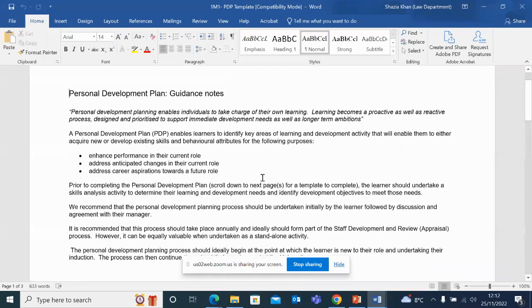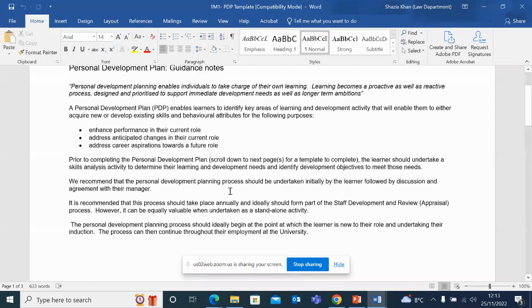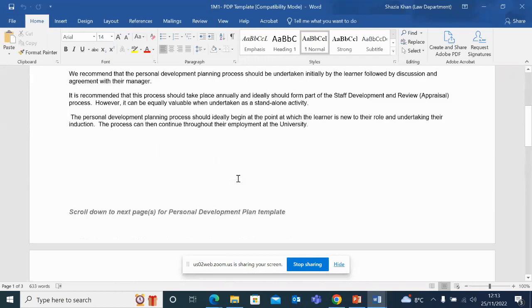A personal development plan enables learners, which is you, to identify key areas of learning and development activity that will enable them to either acquire new or develop existing skills and behavioral attributes for the following reasons: to enhance their performance in their current role, to address anticipated changes in their current role, and to address career aspirations towards a future role.